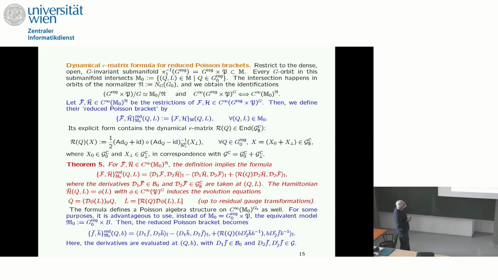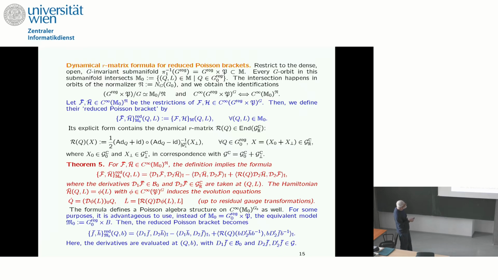For the abstract one, I go to the regular part of the phase space, in the sense that the group element is regular. Then there is a gauge slice in my regular part, where the group element is transformed into the regular part of the maximal torus. The quotient space is the same as the quotient of this gauge slice by the normalizer of the maximal torus.